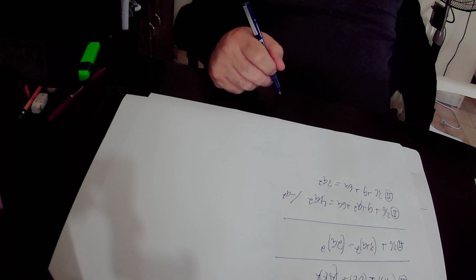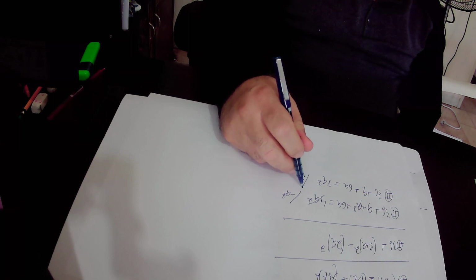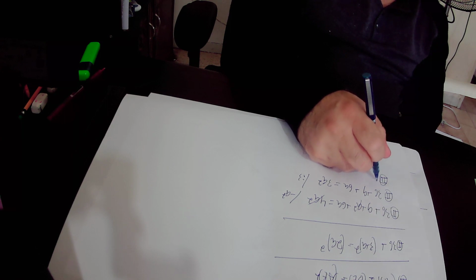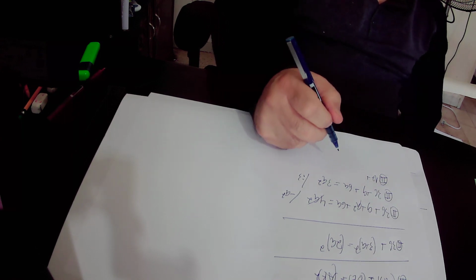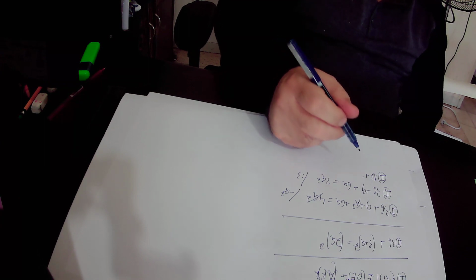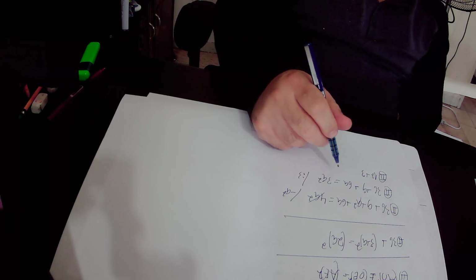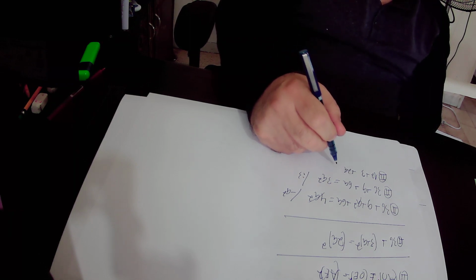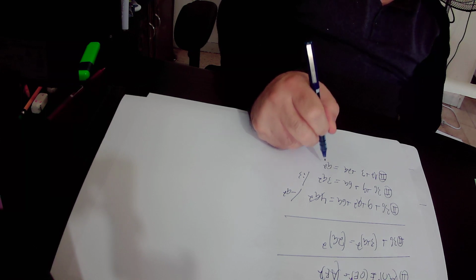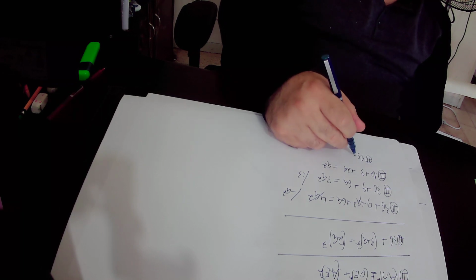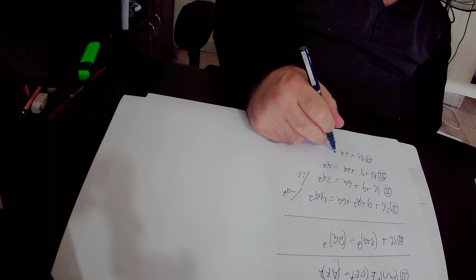We will divide this equation number 2 by 3, and we will get that 36 over 3 is 12, plus 9 over 3, 9 over 3 is 3, okay, 6a over 3 is 2a, and it is equal to a squared. 12 plus 3 is 15, so 15 plus 2a equals a squared.